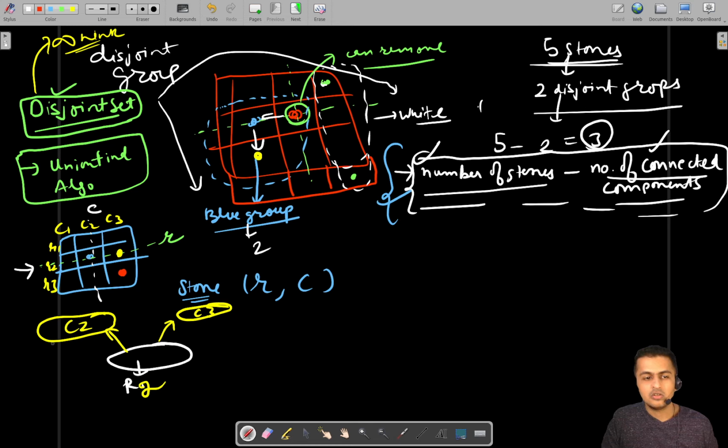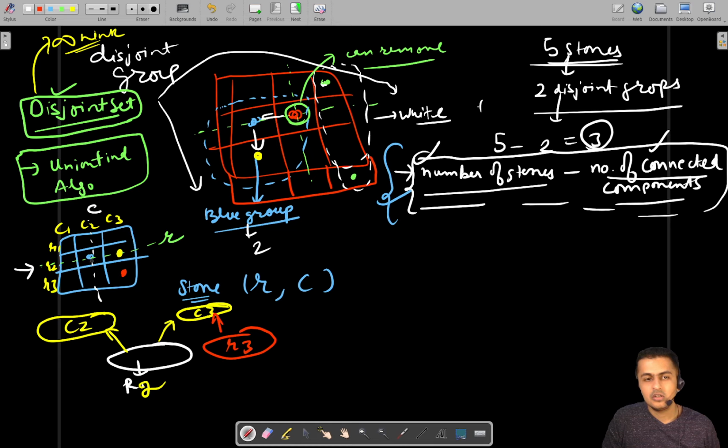So R3 is connected, not with C2 exactly, it will be with C3. Since the stone was here in the C3 column, C3 is also sharing a stone with R3.